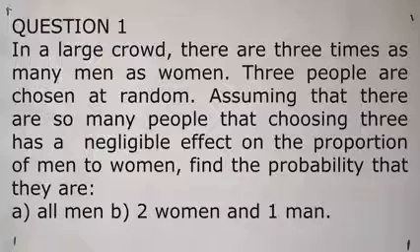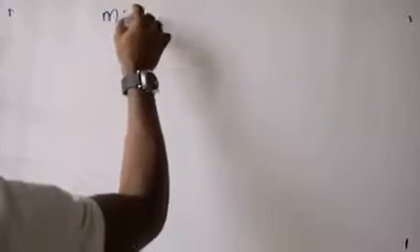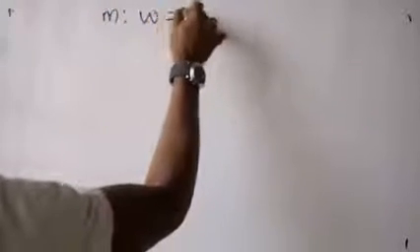Let's solve this question. This question is telling us that it's in a large crowd. And looking at the question, they said there are 3 times as many men as women. So men to women ratio equals 3:1.